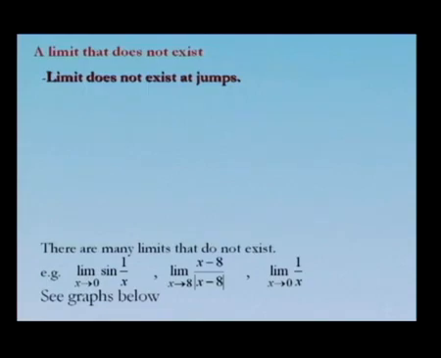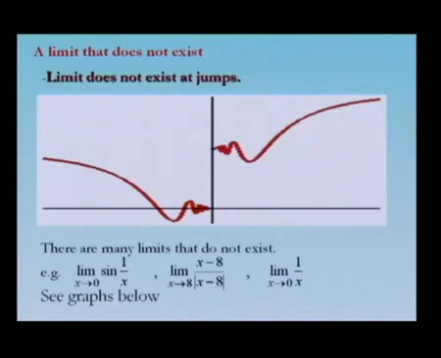Now there may be some examples where the limit does not exist, like the limit does not exist at jumps. For example, consider this graph of some function. Here x is tending to 0 from the left hand side, then the function is tending towards 0, and when x is tending towards 0 from the right hand side, f is tending towards some positive number.